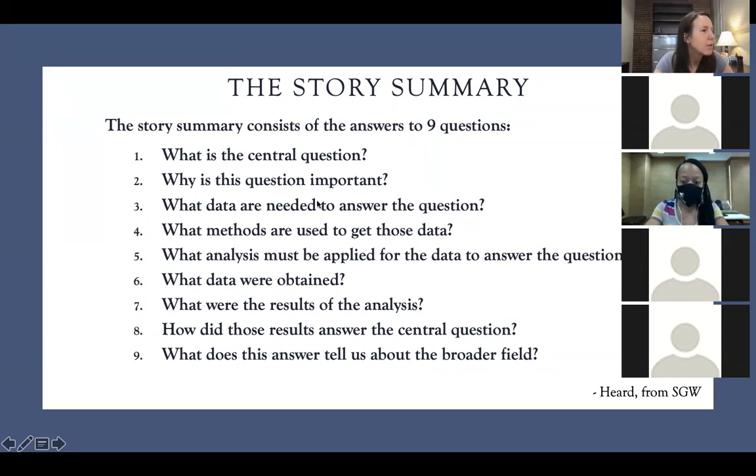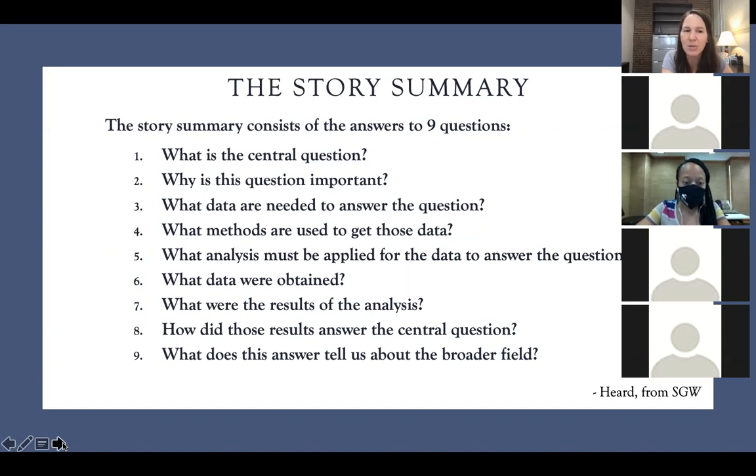All right, so let's move on for now. Hopefully you've noticed that these questions really work through the IMRAD structure, the structure of a scientific research paper. What is the central question? Why is the question important? What are the data needed to answer the question? Methods, then we get into the data obtained, the results.